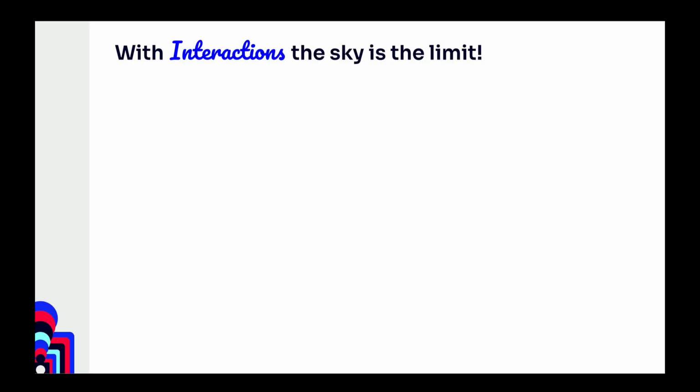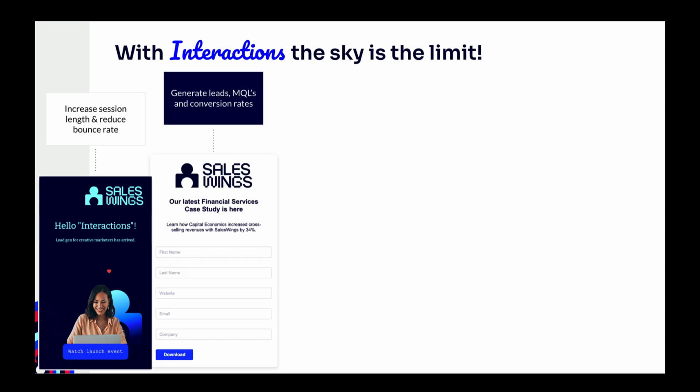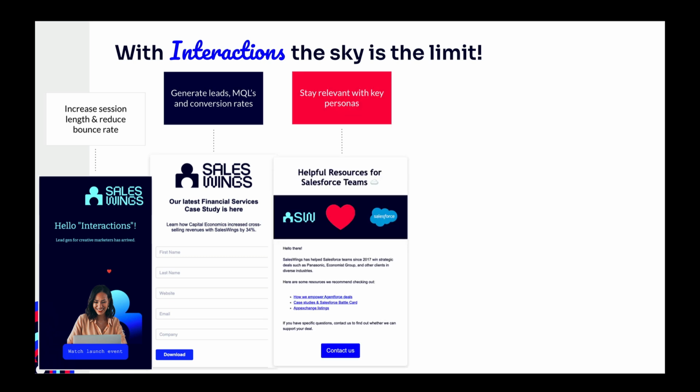Now, there are many ways you can leverage interactions. You can increase session length. You can reduce bounce rates on low performing pages. You can embed forms and quizzes and other things to generate leads and convert more leads from your website.